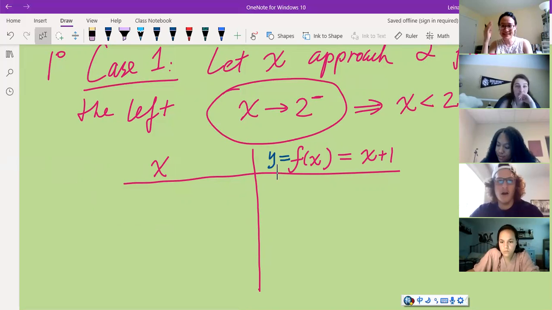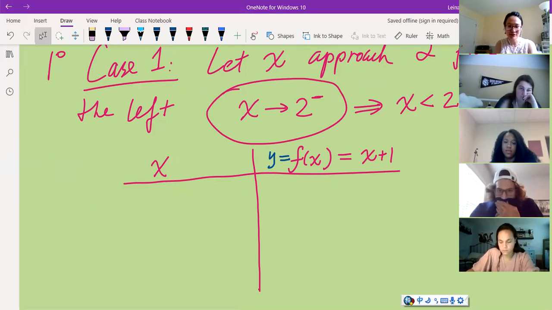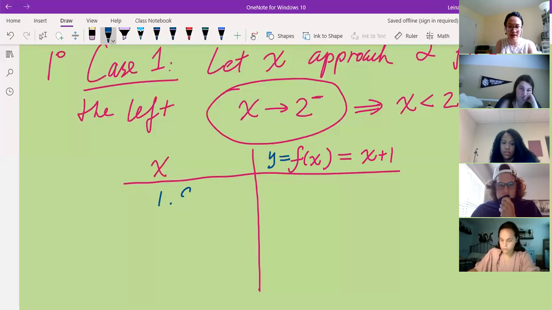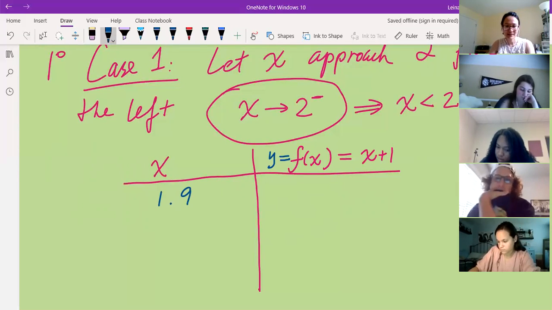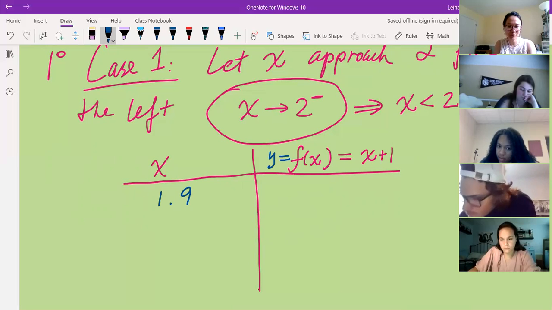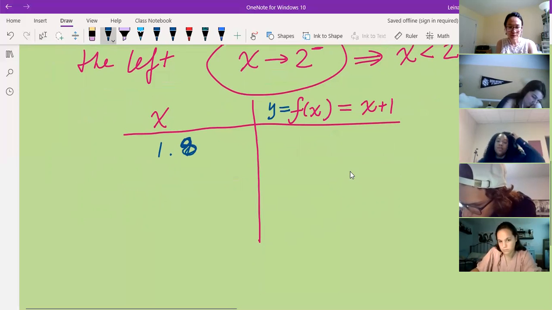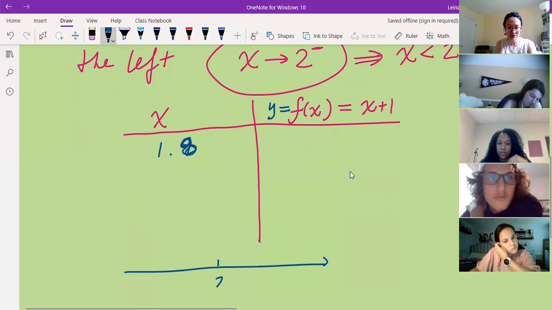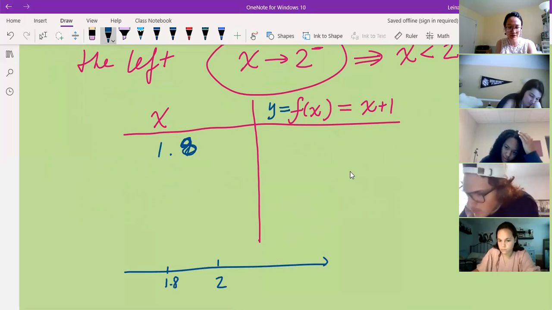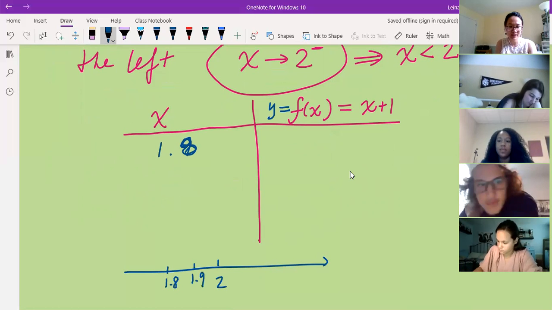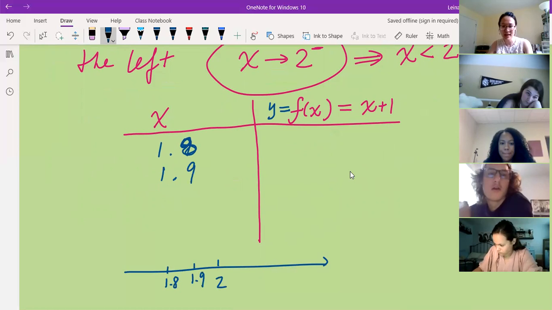Now, because x is less than 2, I'm going to write down the numbers you guys have been putting on the screen. So x could be 1.9. Let's start from 1.8. X could be 1.8, which is getting close to 2. So here's a 2, 1.8 somewhere here, and then you go 1.9, as some of you have written down.